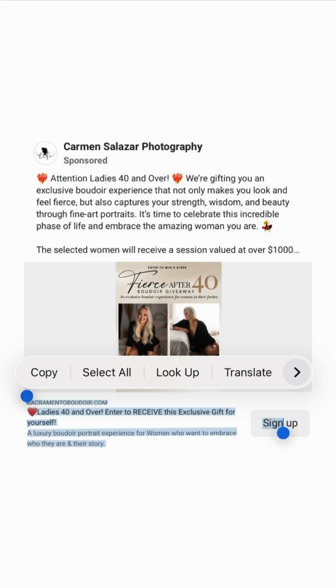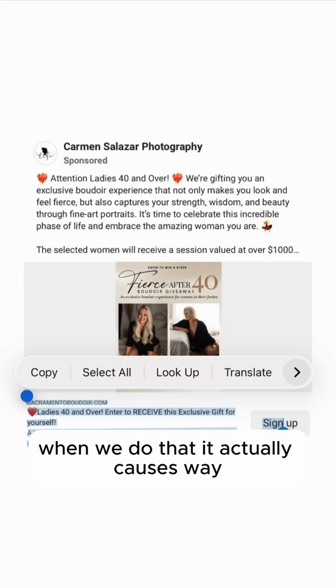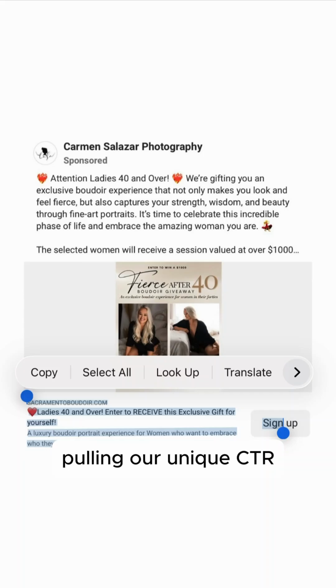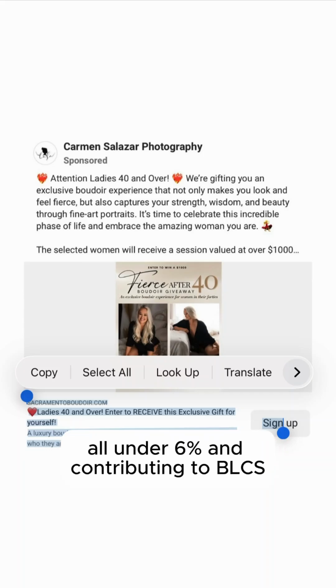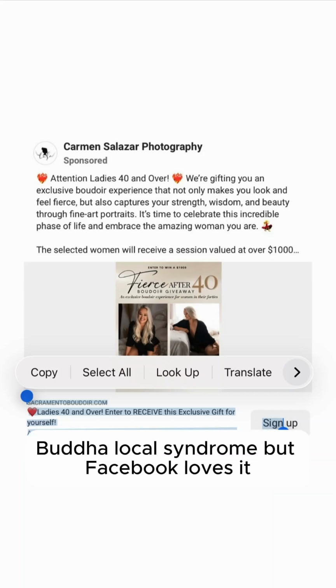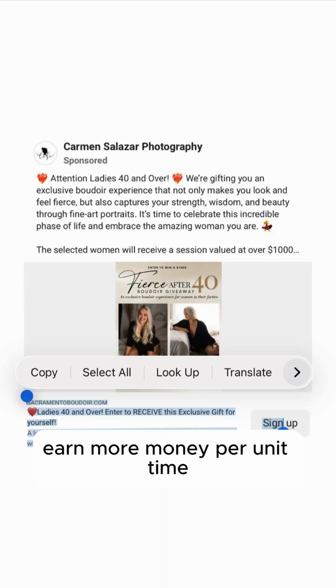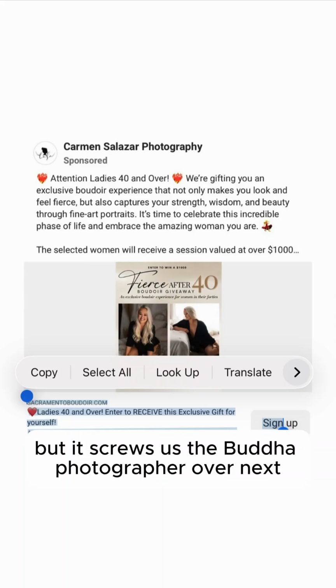And when we do that, it actually causes way, way, way more women to scroll by our ads than necessary, pulling our unique CTR under 6% and contributing to BLCS, boudoir low click syndrome. But Facebook loves it because Facebook can serve more ads per unit time, earn more money per unit time, but it screws us, the boudoir photographer, over.